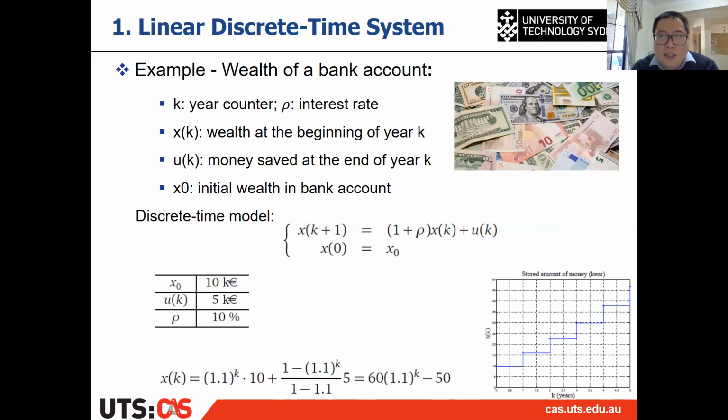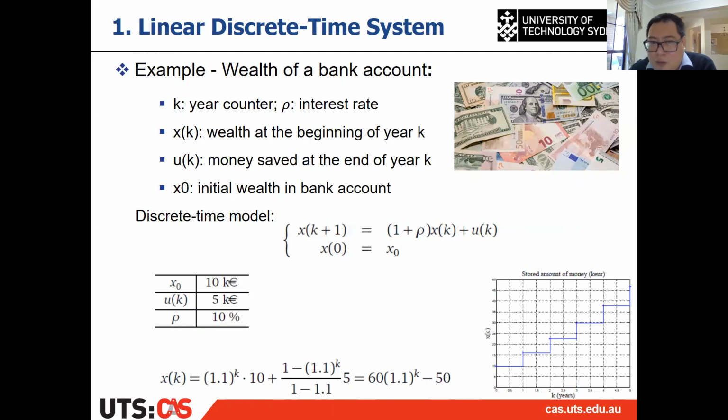And if we consider xk as the wealth of the bank account at the beginning of year k, the xk, which is the state, is the wealth in the bank account at the beginning of year k. And uk is the money saved at the end of the year.